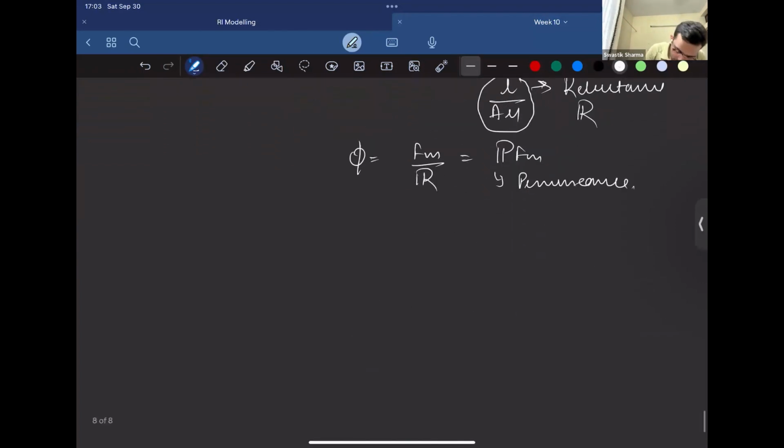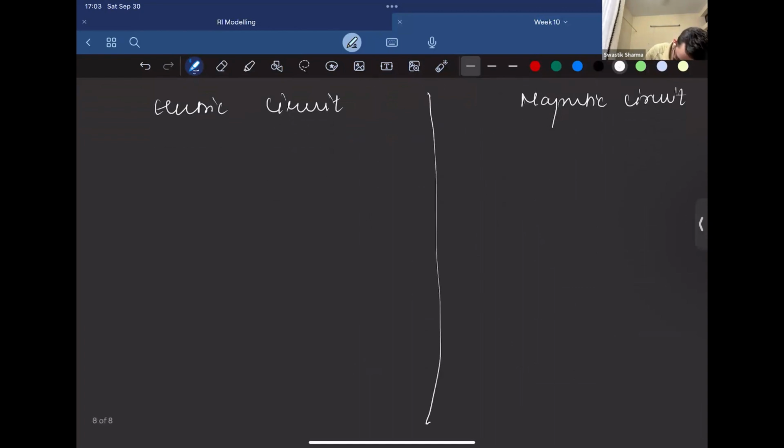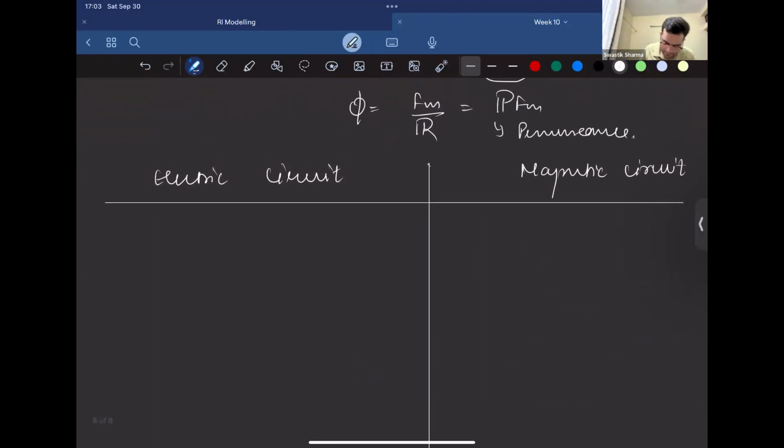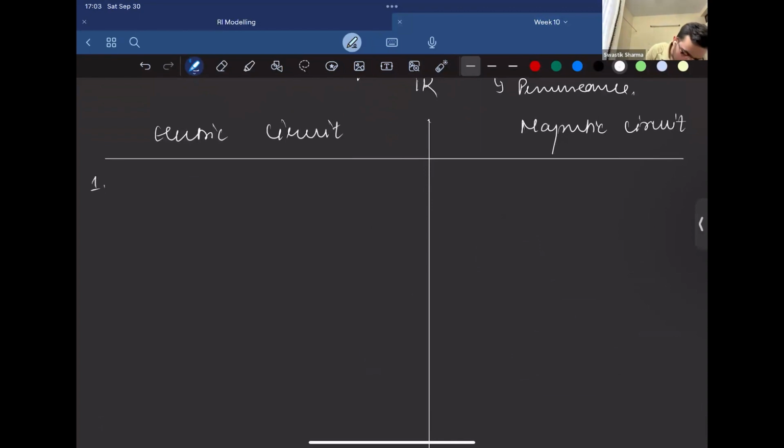So if we draw parallels, how would the circuit look for an electric circuit and a magnetic circuit? We know the EMF is the driving force in an electric circuit, usually given in terms of E volts, and in magnetic circuits, the MMF is the driving force, given by Fm.